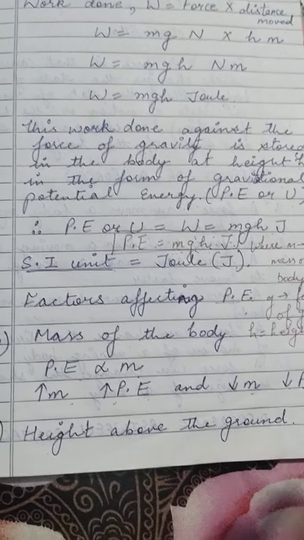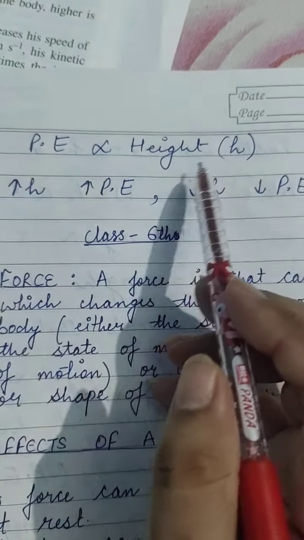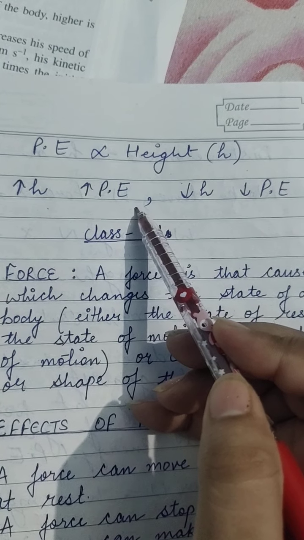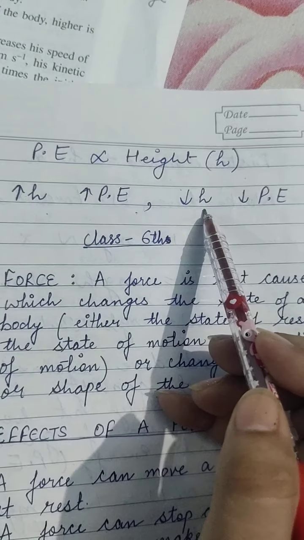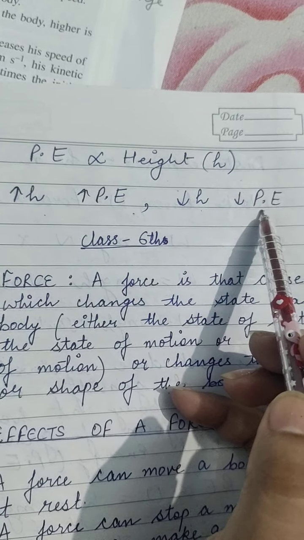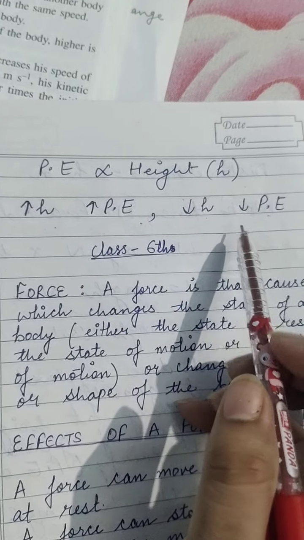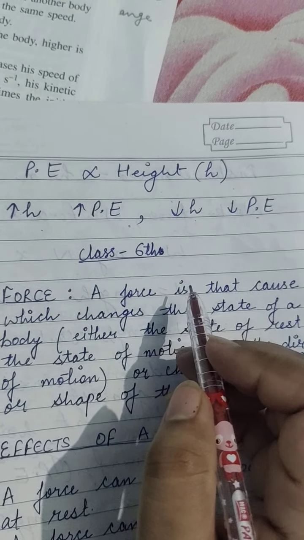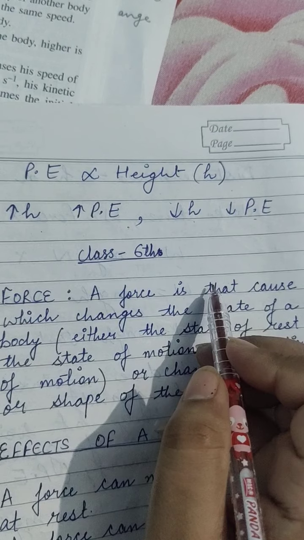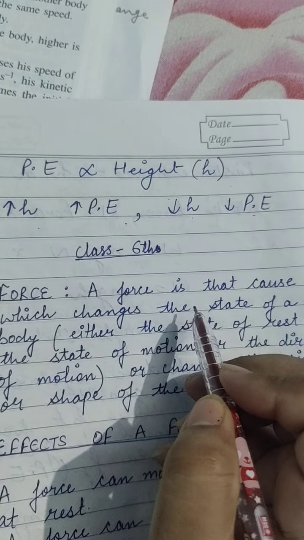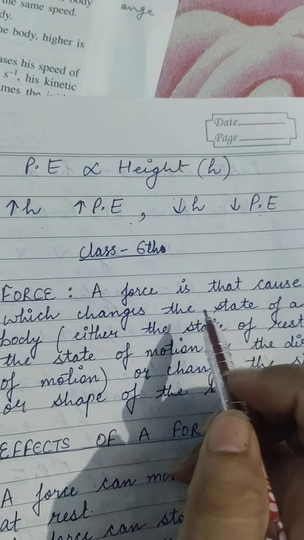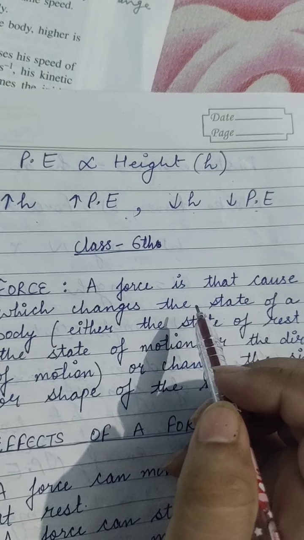The second factor is the height above the ground. Potential energy is directly proportional to the height. More is the height of a body, more will be the gravitational potential energy. Less is the height of a body, less will be the gravitational potential energy. In simple words, the potential energy of a bucket of water of mass 10 kg at the second floor, which is at 6 meter, is more than the potential energy of the same bucket of water of mass 10 kg at the first floor, which is at a height of 3 meter.